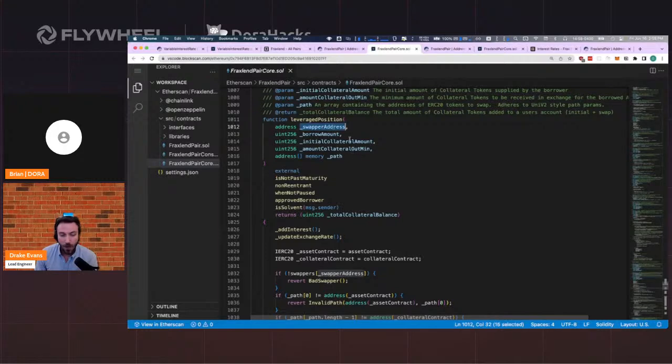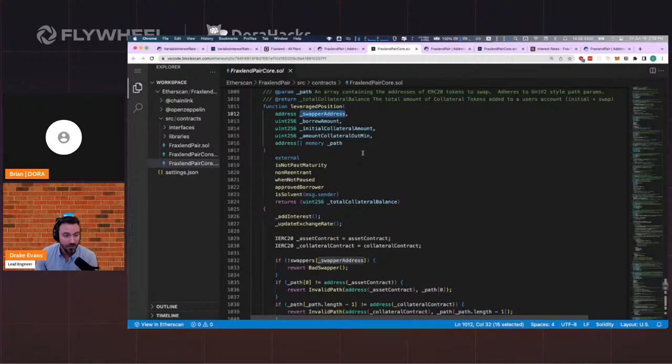These swappers are whitelisted contracts because, of course, making transfers on an external contract is potentially very malicious. So there are two routes you could go to build on top of this. One is you could build your own swapper that routes significantly better than through a single pool. By default, we have FraxSwap pools whitelisted here.